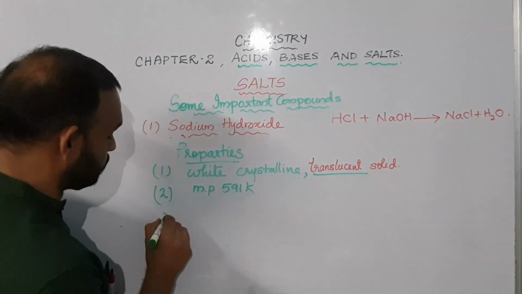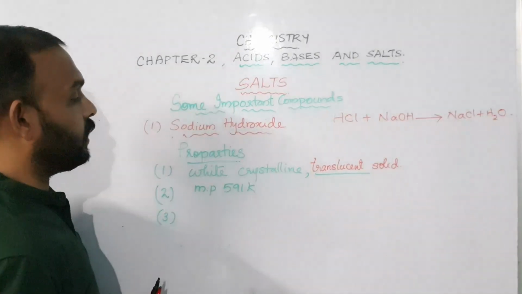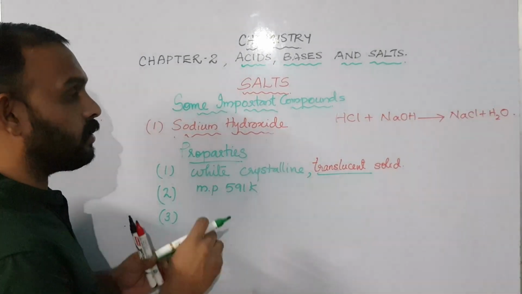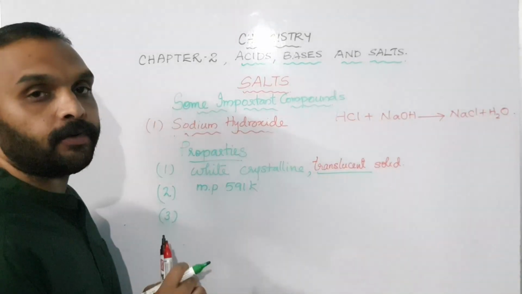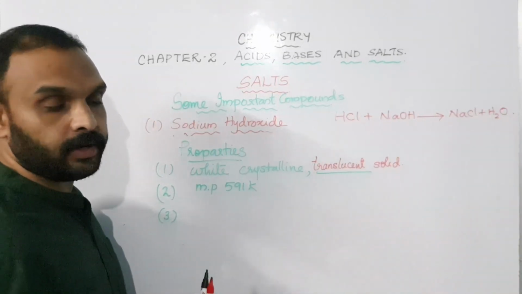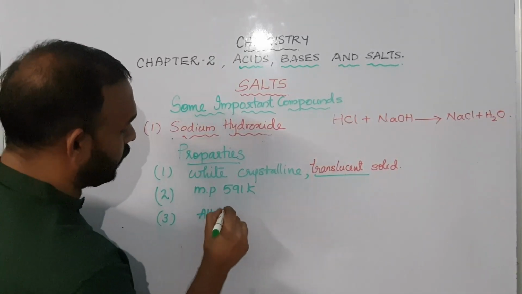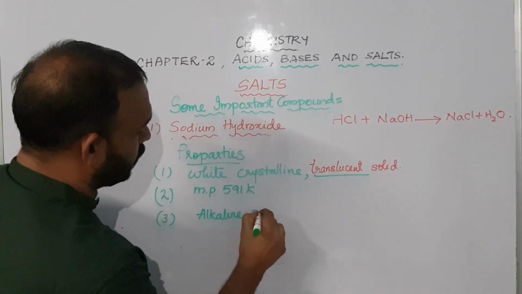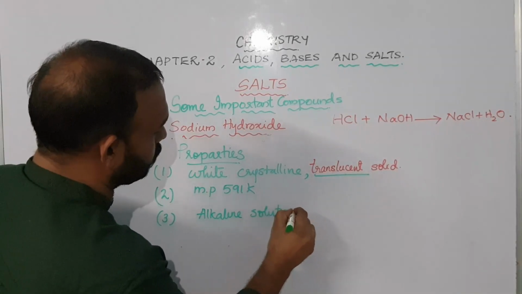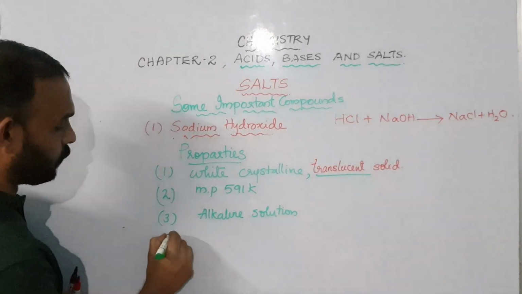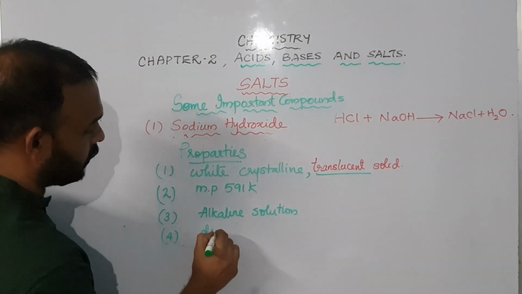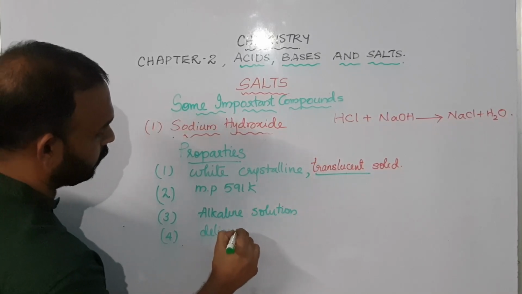Now the third one is also very important. It dissolves in water and forms an alkaline solution. Okay, it dissolves in water to form an alkaline solution. It's another property of caustic soda. And the fourth one is, it is a deliquescent solid.